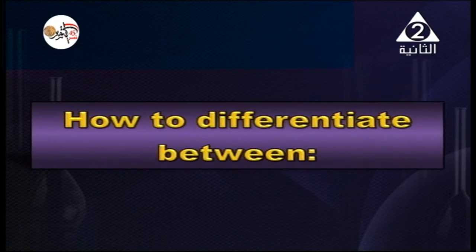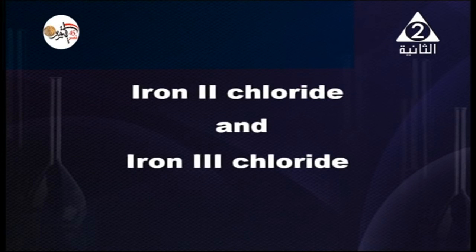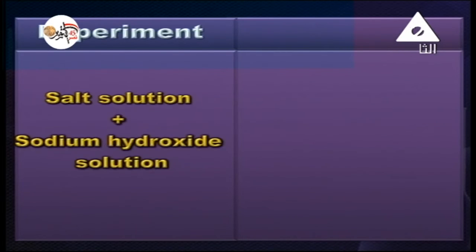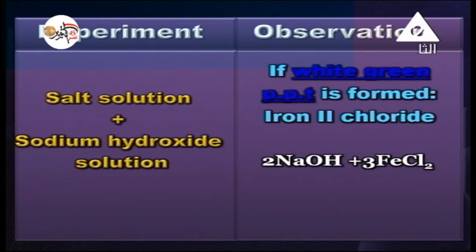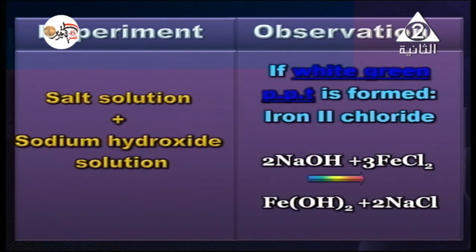Here we have a very important point, how to differentiate between iron 2 chloride and iron 3 chloride. Here we put the salt solution plus sodium hydroxide solution. The observation here, if a white-green precipitate is formed, it will be iron 2 chloride. As the equation proceeds on the screen, sodium hydroxide plus iron 2 chloride gives iron 2 hydroxide, a white-green precipitate, and sodium chloride is produced, as the following animation shows.